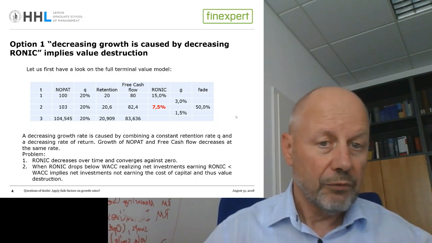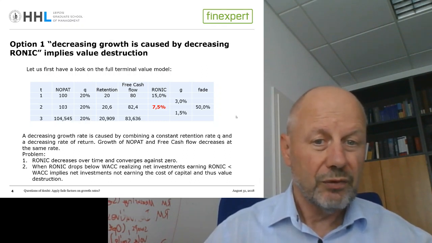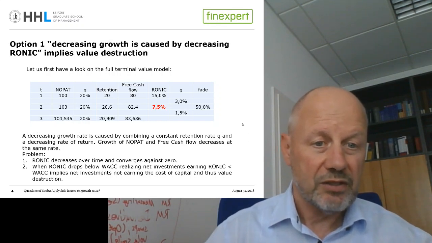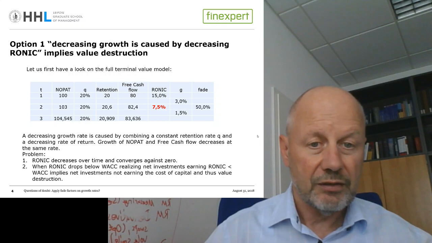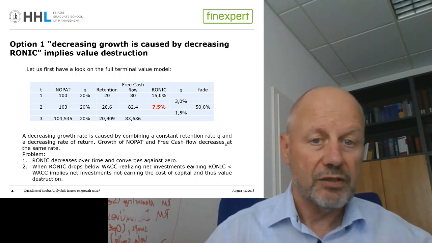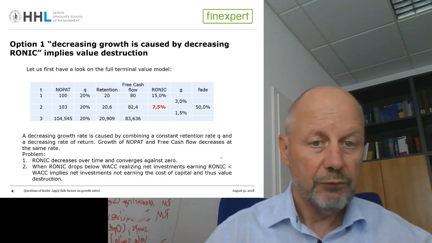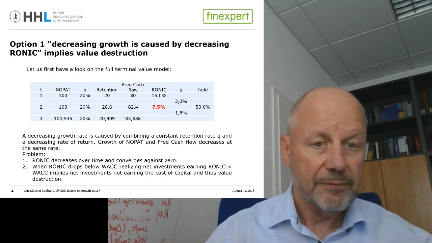And of course, rational investors would not invest under these conditions and would cash out these 20.6 instead of investing it into below zero net present values. So this is the first version, and we have shown that the first version is yielding significant flaws and inconsistencies in our valuation model.